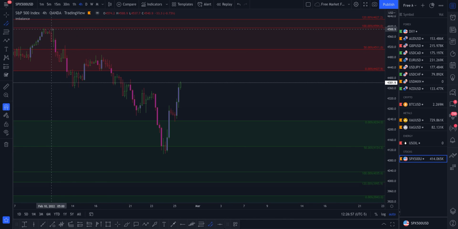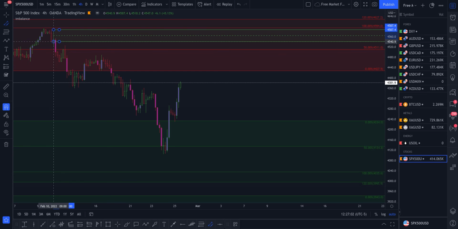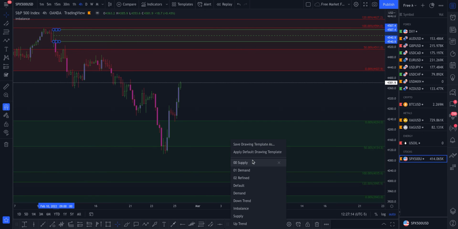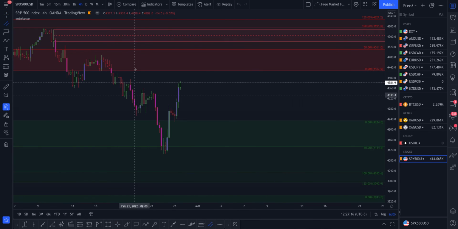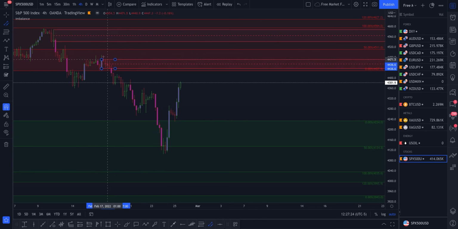All right, let's grab this one. Unmitigated 4-hour. This imbalance has been filled, but we'll take this supply. Let's see, do we have any other unmitigated supply? Yes, I would consider this to be unmitigated.